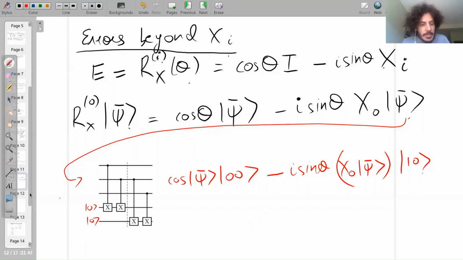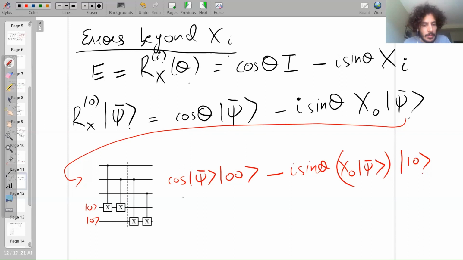So this is the state before measurement. This is just the simple superposition principle applied in quantum mechanics.